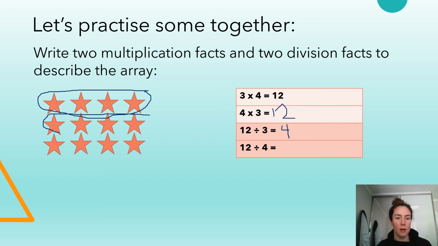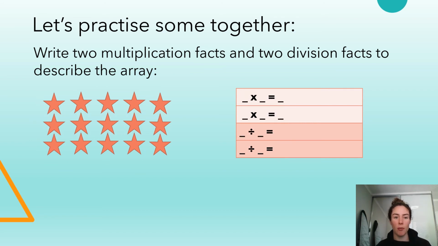So 1, 2, 3. So 12 divided by 4 equals 3. And you can see that we could have used our multiplication facts of 3 times 4 equals 12 and 4 times 3 equals 12 to answer our division questions as well.